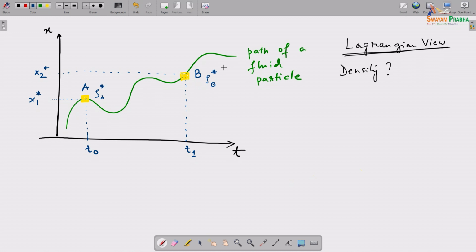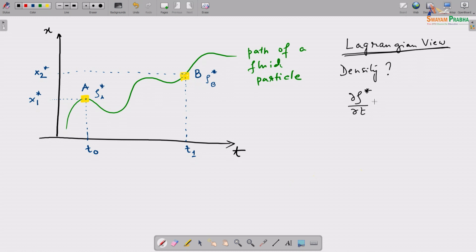So, if I were to write the density of an arbitrary particle anywhere, I would write it like this. And how would you find the rate of change of this density? I would just do this in the Lagrangian view. Does that make sense?